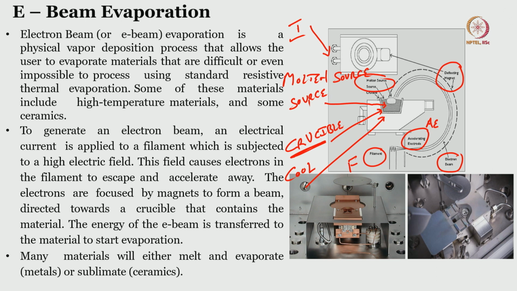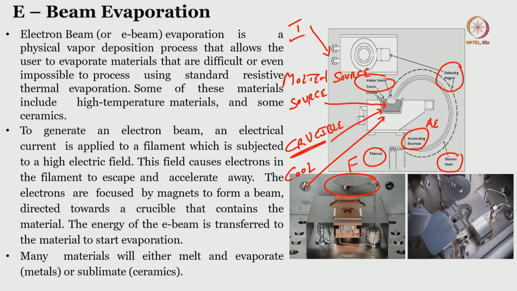Either you can have a point source, or you can sweep this electron beam in a raster scanning mechanism or in a triangular form mechanism. There are different ways of controlling this electron beam, but the idea is that the E beam is used to heat the source that is loaded onto the crucible, and when it melts it gets deposited. You can see here the shield.